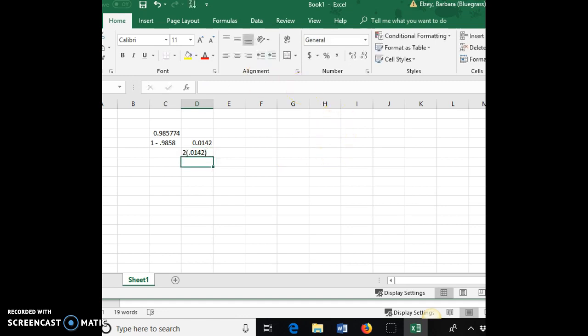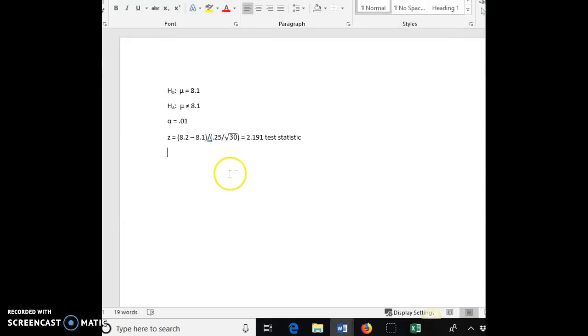And that's going to give us 0.0284. So this is our p-value. Our p-value is equal to 0.0284.